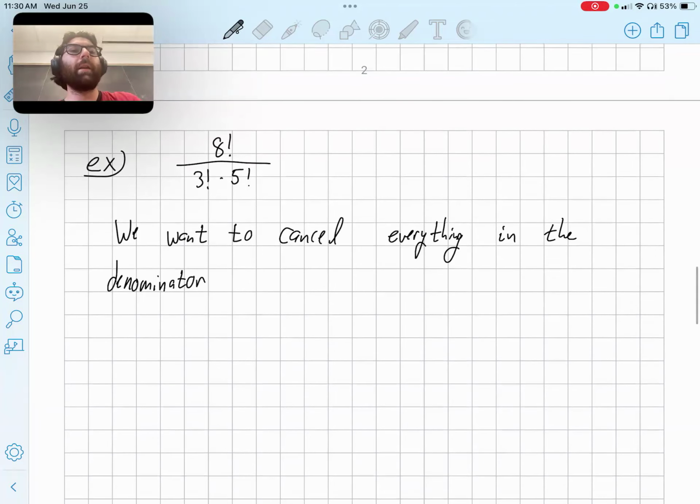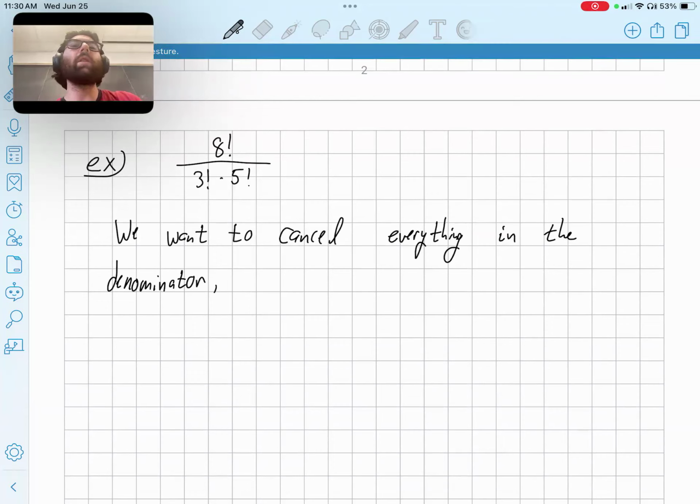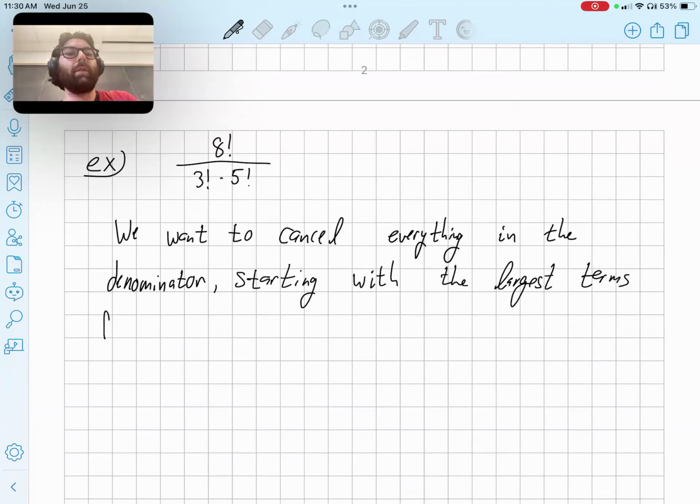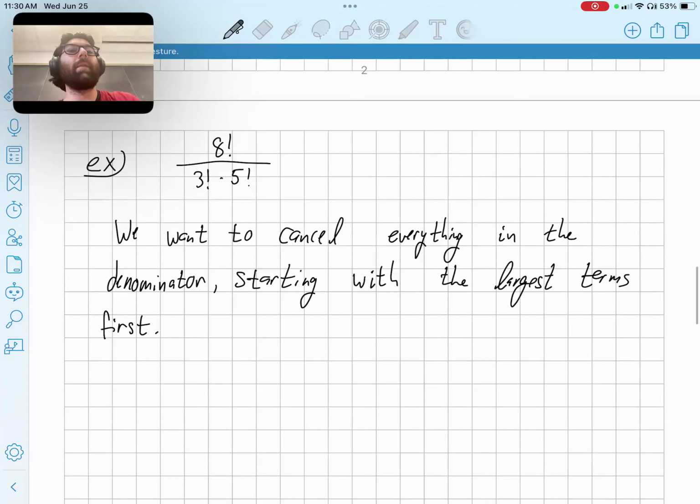We're going to want to start with the largest terms first. This 5 factorial is going to be the largest term.